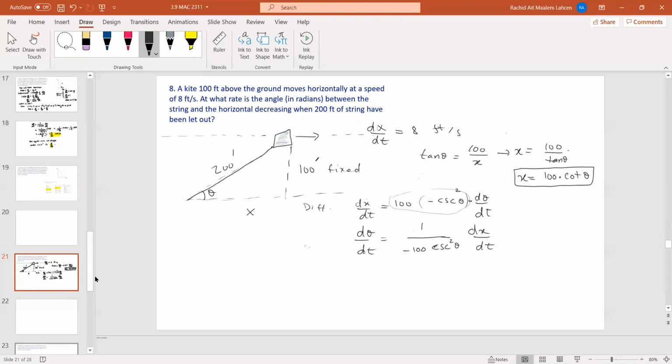And if you want to simplify a little more, we know that 1 over cosecant theta is sine squared theta. So if you want to use the terms of sine, that's a nice switch there. Of course, we can put a note here as well.